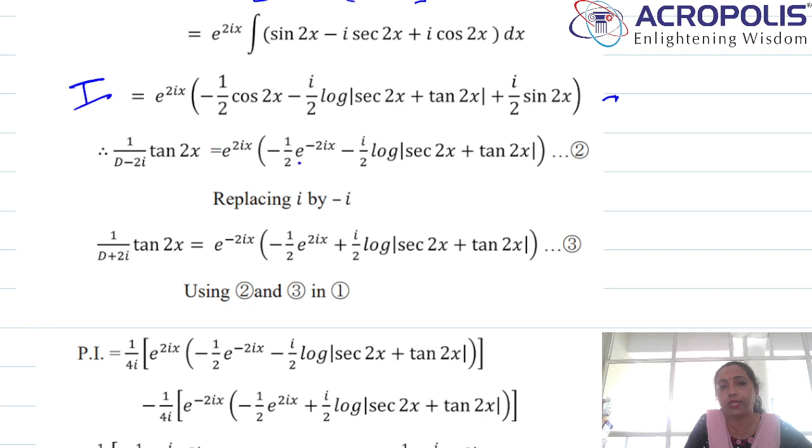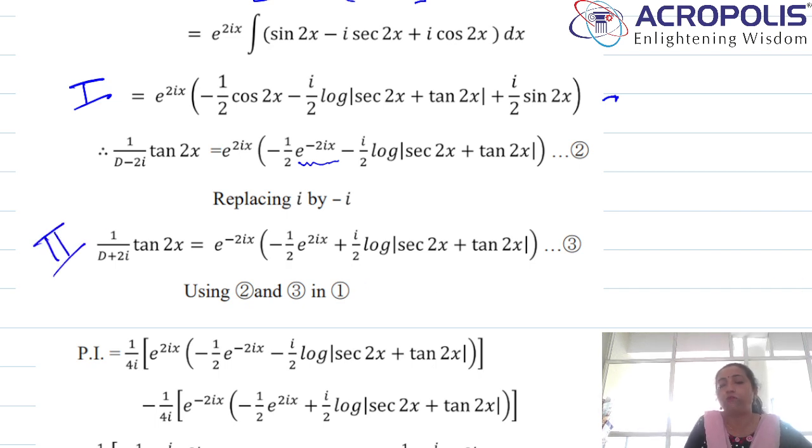As you can see, in this equation we have e to the power minus 2ix, but we replace i by minus i, so we will get e to the power 2ix. Similarly, here i, if we put minus i, minus minus becomes plus, so we will get plus i by 2 log of sec 2x plus tan 2x. This is the result of part 2.